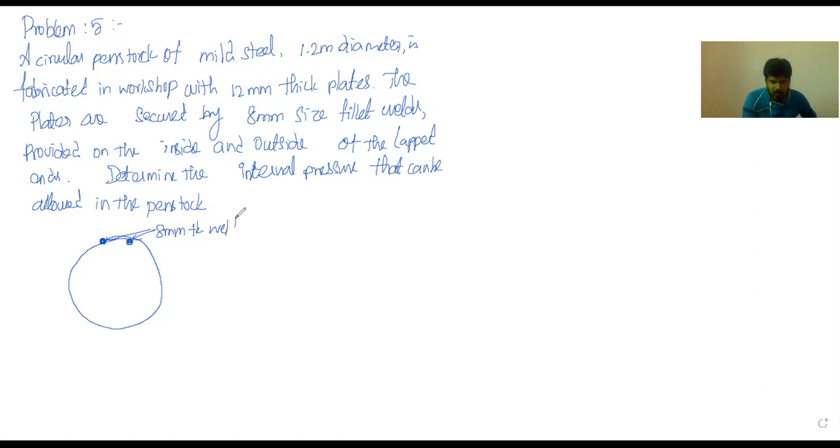So size of weld S is equal to 8 mm, and diameter of pipe D is equal to 1.2 meter. Next, we have to find the internal pressure that can be allowed in the penstock.